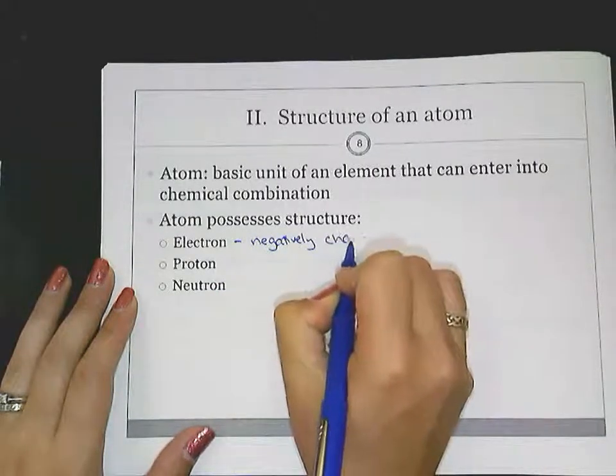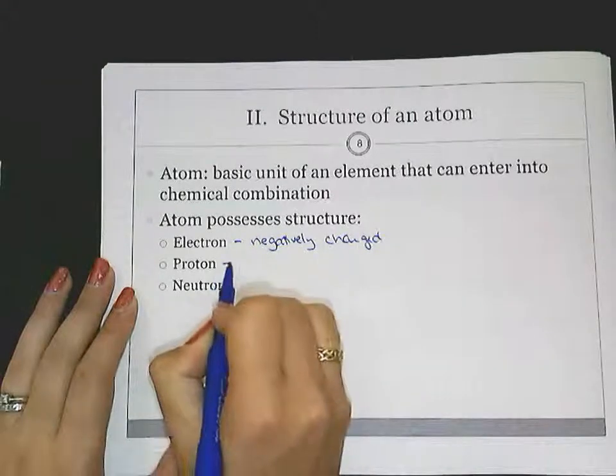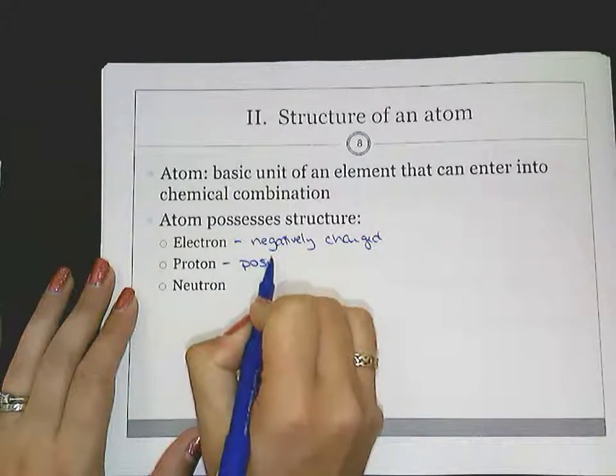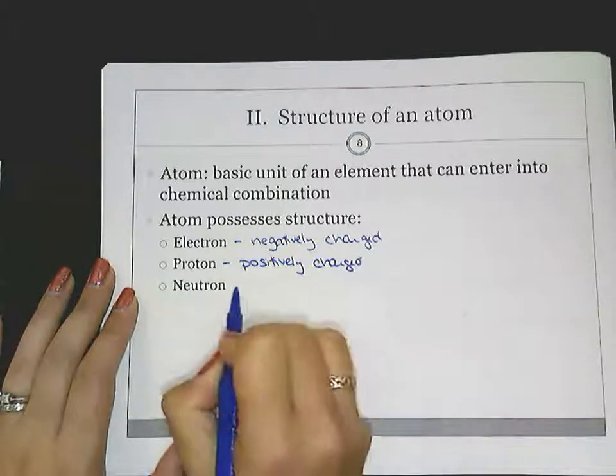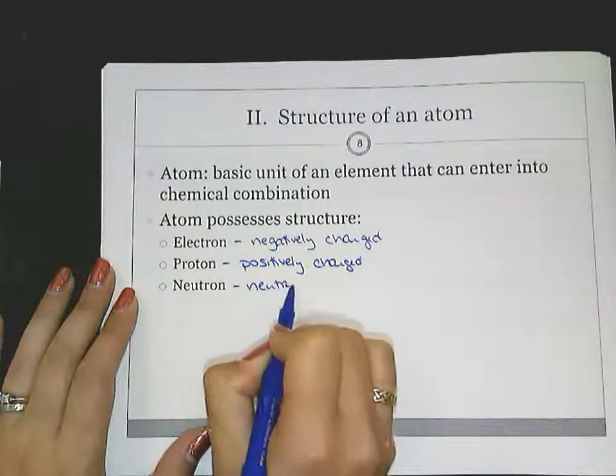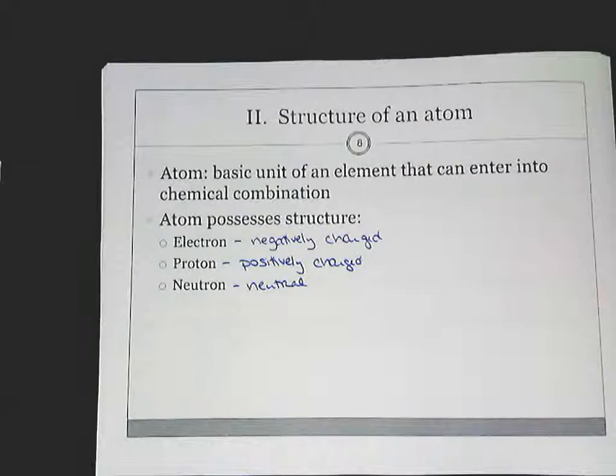The electron is the negatively charged portion. The proton is the positively charged portion. And the neutron is considered neutral.